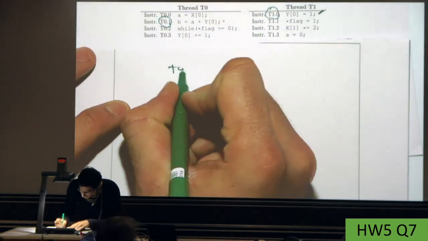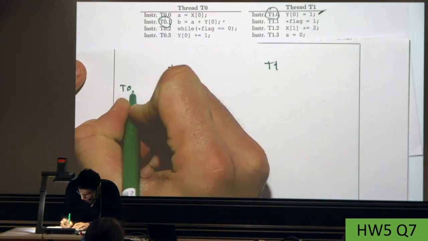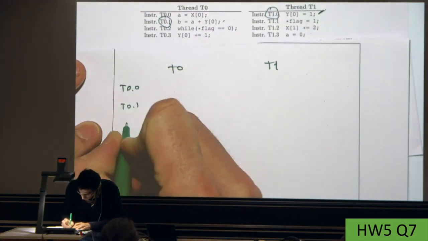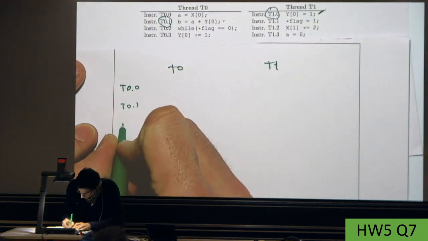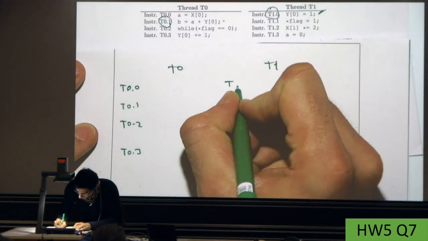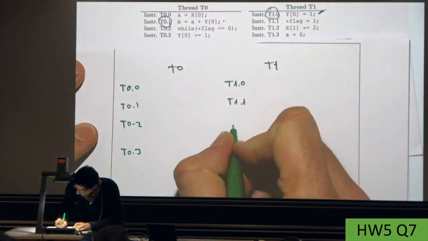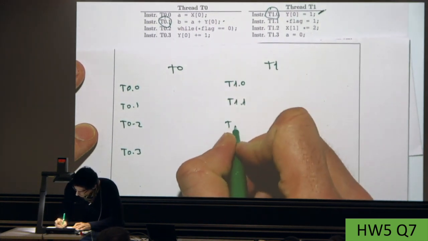So what I'm going to do here is simply rewrite the code to include whatever additions are needed there, right?